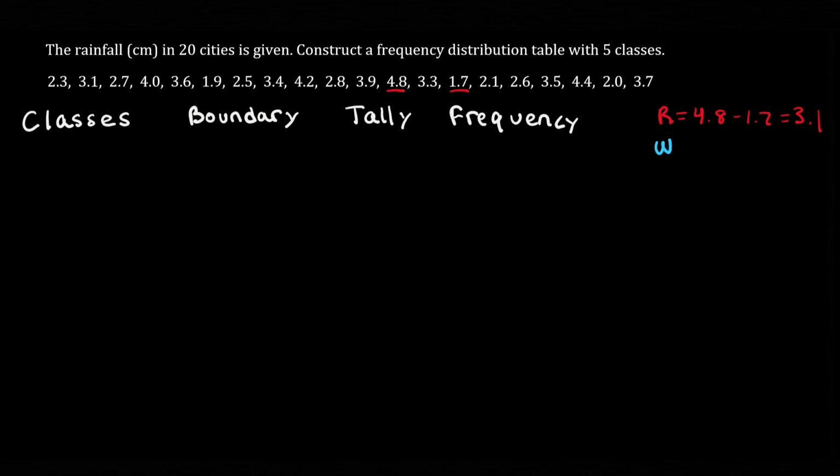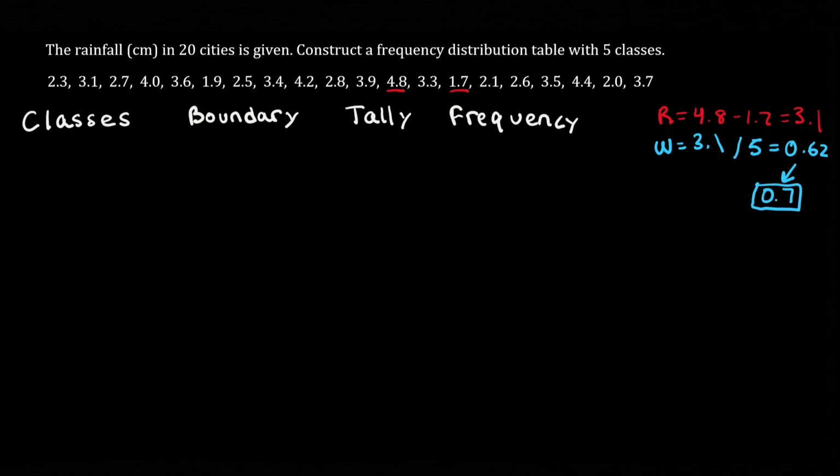So the width would be 3.1 divided by 5, which is equal to 0.62. One very important step is to round up our width. We should do this such that the new width has the same number of decimal points as our dataset. So our dataset has 1 decimal point, so we round this up to 0.7.